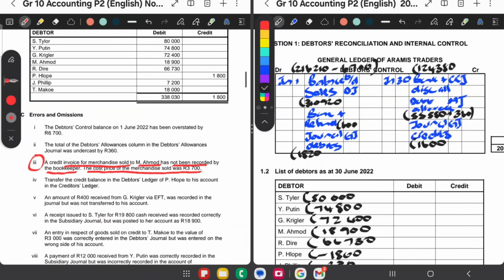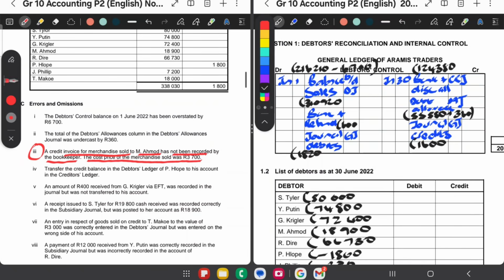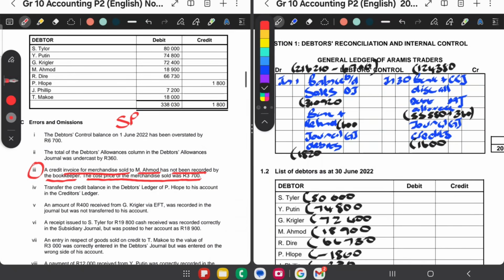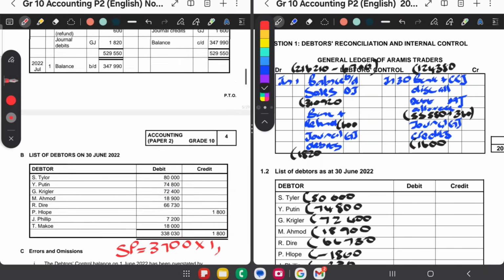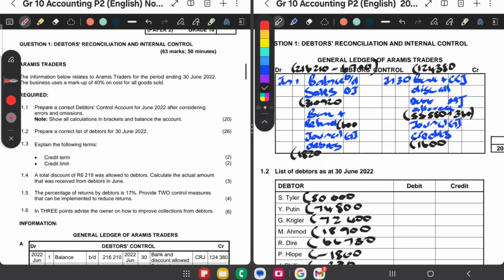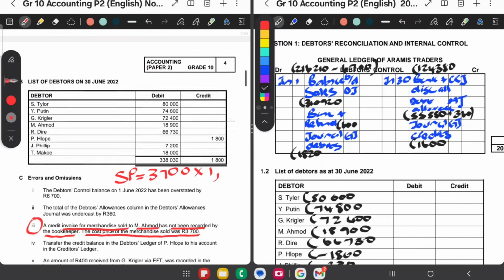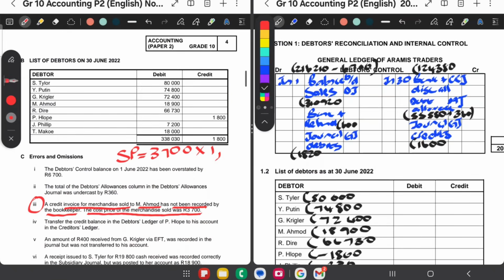So let's quickly first work out the selling price. My selling price is my cost price times 1 comma the markup percentage. Our markup percentage here is 40%. So 3,700 times 1.40, and I get that answer to be 5,180. So this is the selling price.